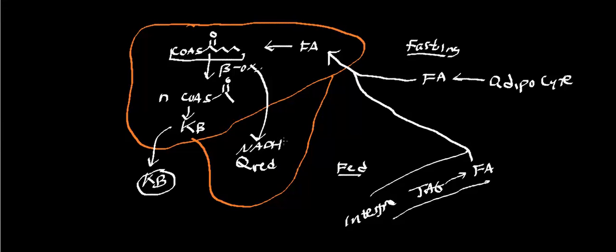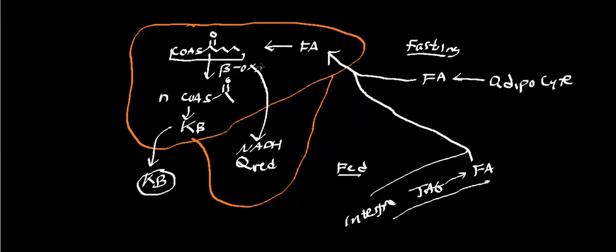The NADH will serve NADH ubiquinone oxidoreductase, which is complex 1 of the mitochondrial respiratory chain. Reduced coenzyme Q, or ubiquinol, will serve complex 3, which is cytochrome c ubiquinol oxidoreductase. Each of these enzymes pumps protons when they're activated, and so the pumping of protons powers ATP synthase.